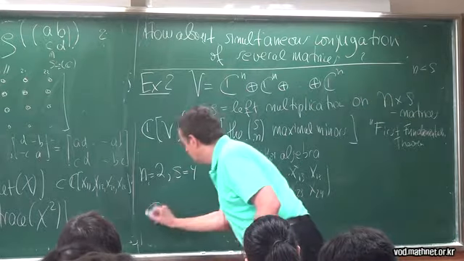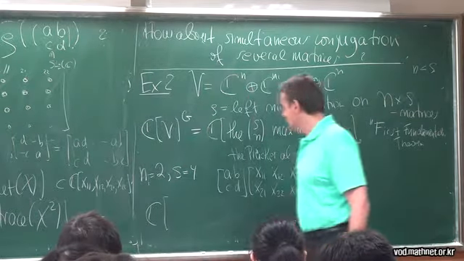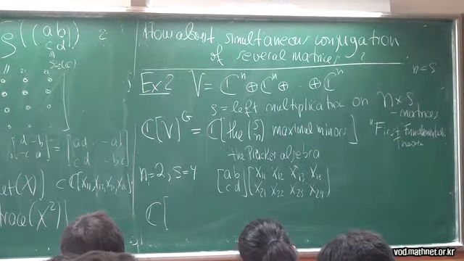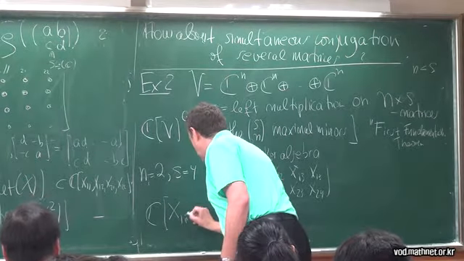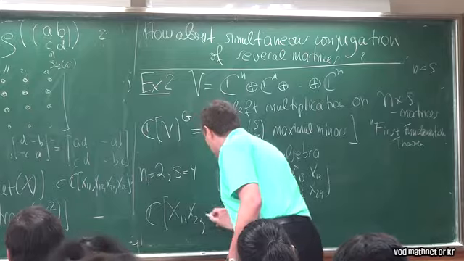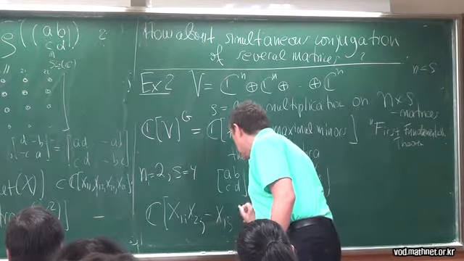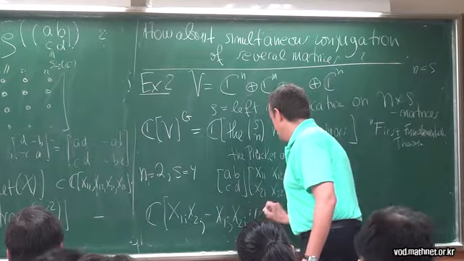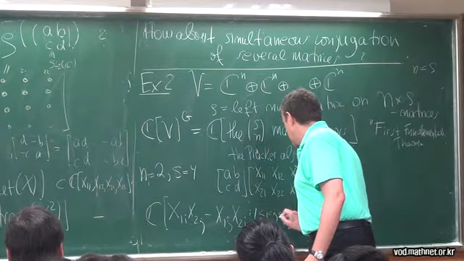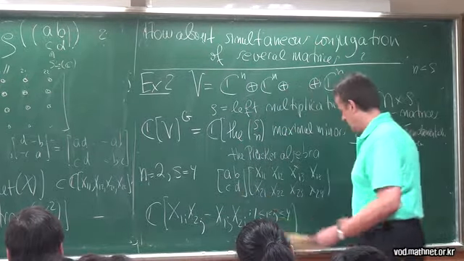And then the ring of invariants is generated by 6 invariants, x1i times x2j minus x1j times x2i, where i is less than j between 1 and 4.